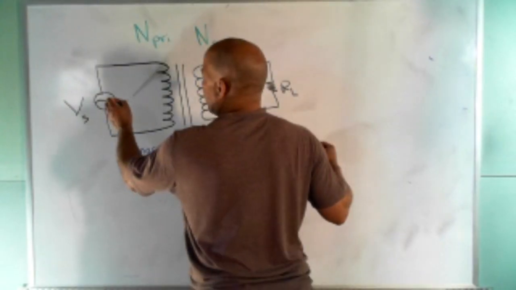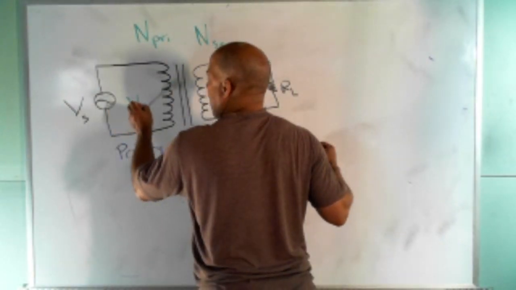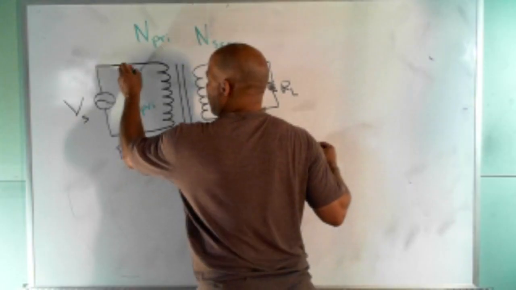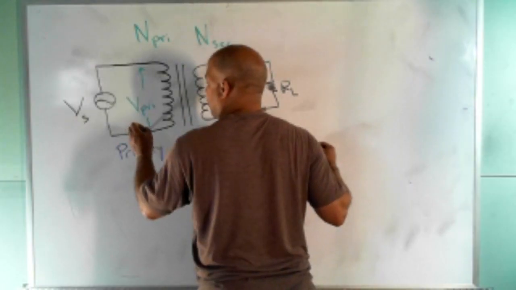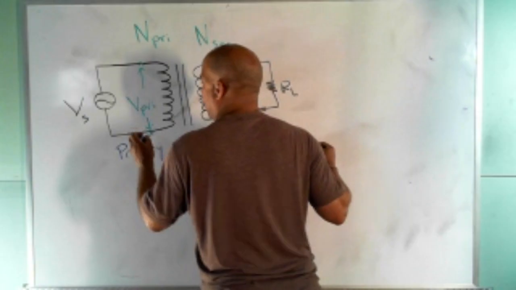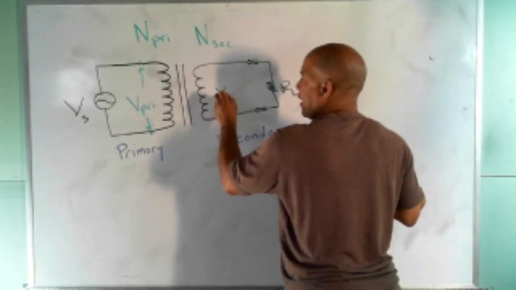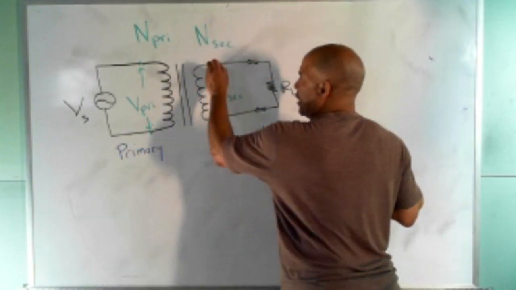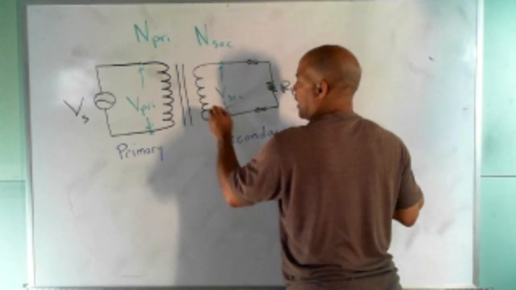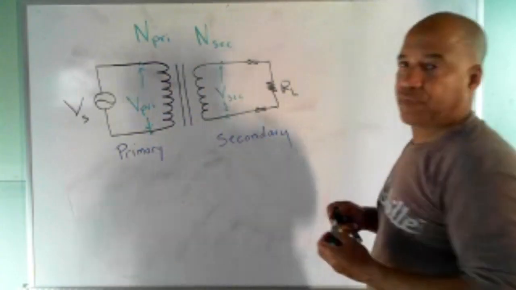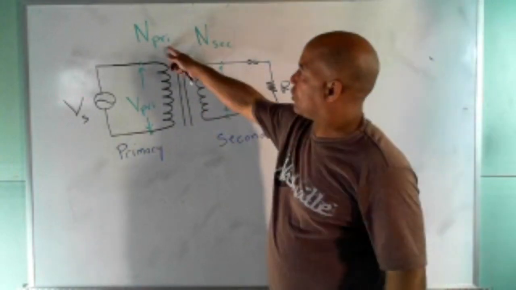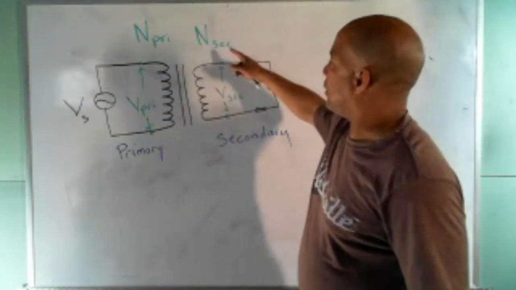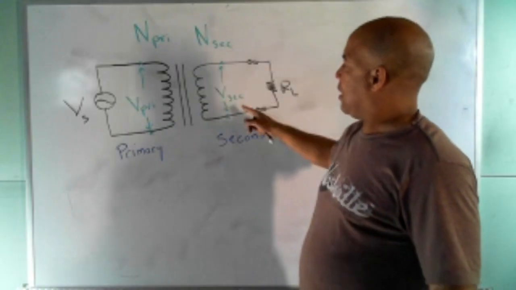And here, we got V pri, which is the voltage across the primary coil. And over here, we got V sec, which is the voltage in parallel with the secondary coil. So the number of turns on the primary, the voltage across the primary, number of turns on the secondary, the voltage across the secondary.